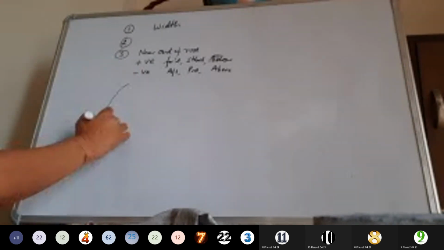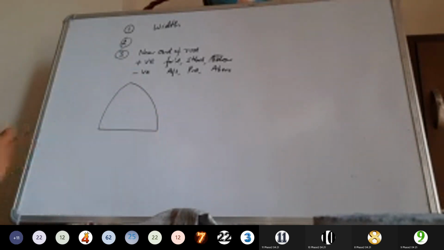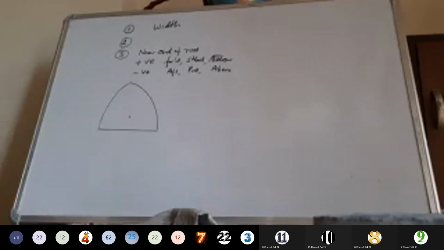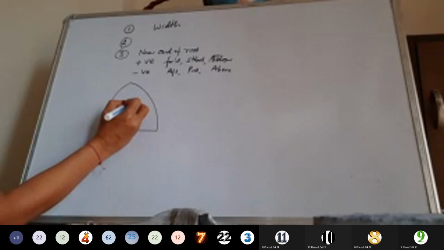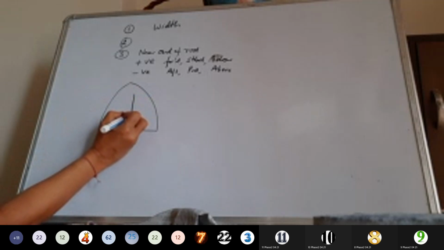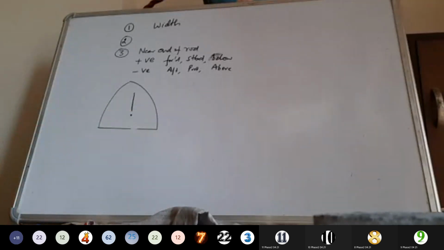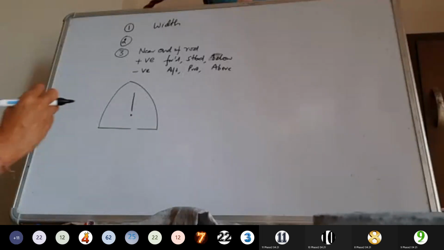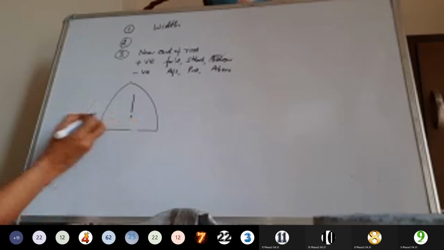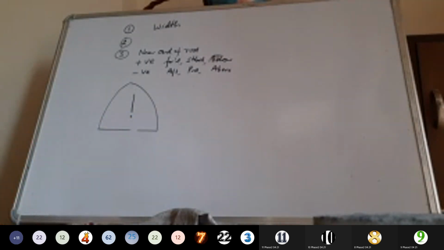Just to show you an example, let us say this is the compass position. Let us say we have one rod like this. So this is the near end of the rod. In this case, the near end of the rod is positive or negative? Positive, sir.